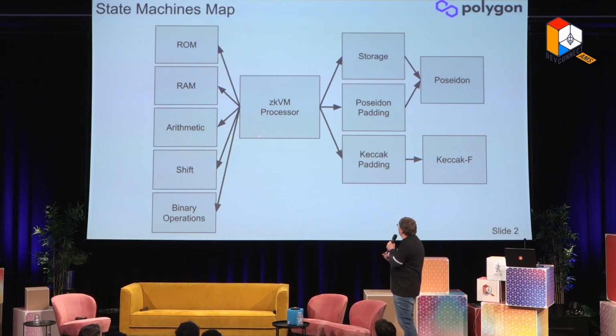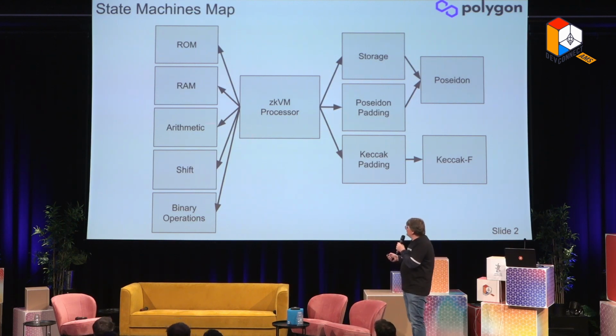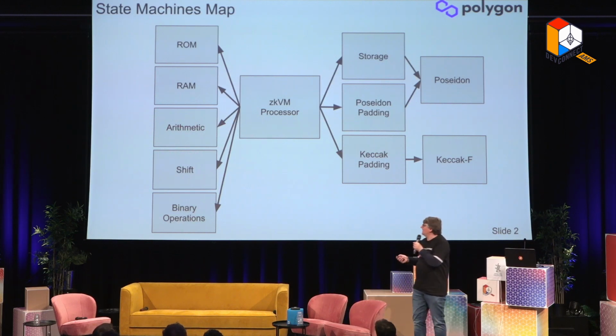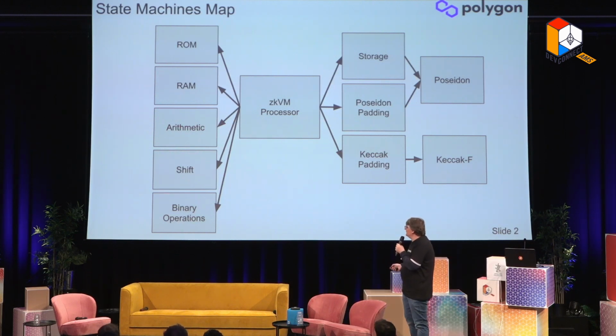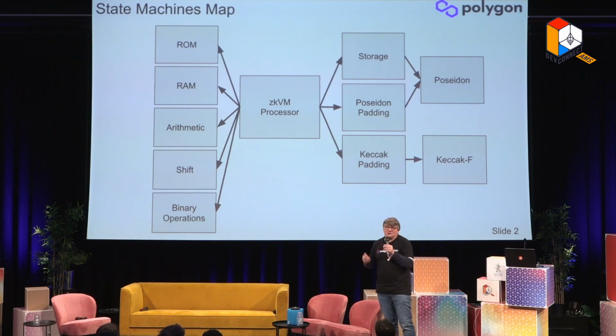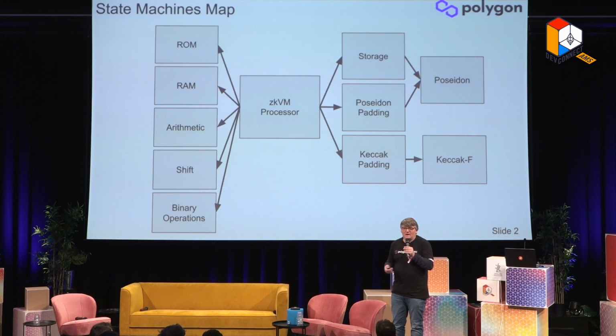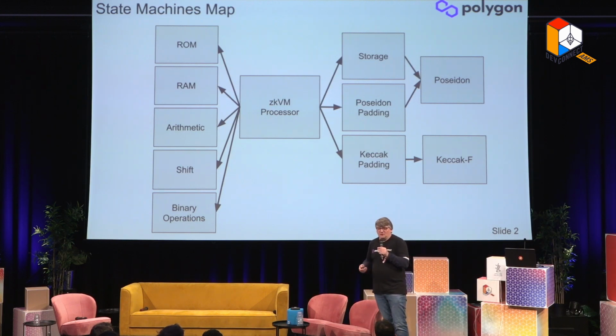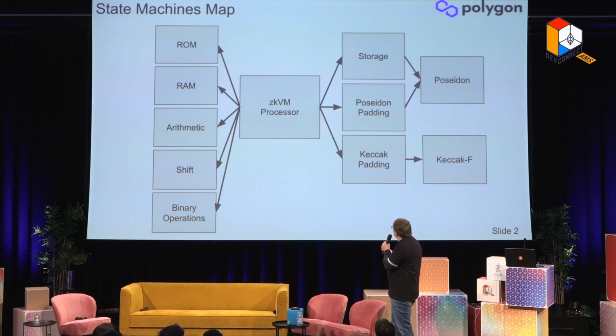But we also have different pieces. We have a ROM, we have a RAM, we have arithmetic operations, like a kind of coprocessor that's doing arithmetic operations, shift operations, and binary operations. Binary here is AND, OR, XOR, less than, more than. You can see the list of all the different opcodes, and this is part of this processor. This processor is not the EVM.